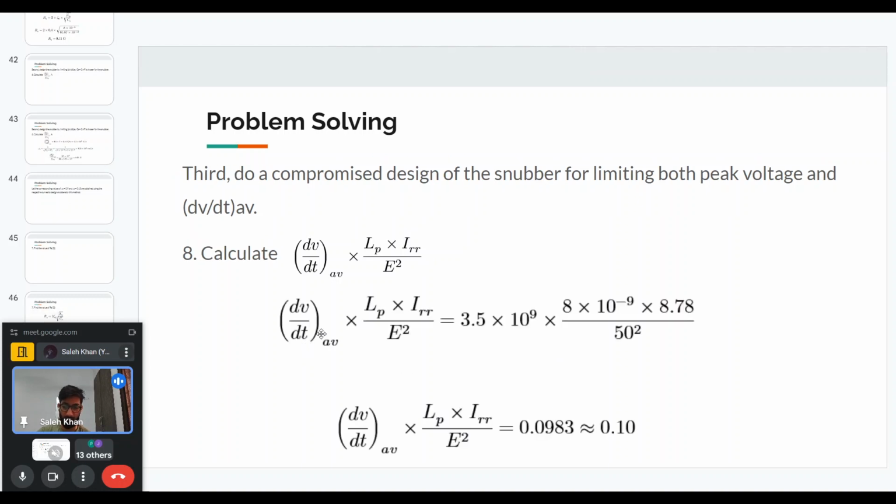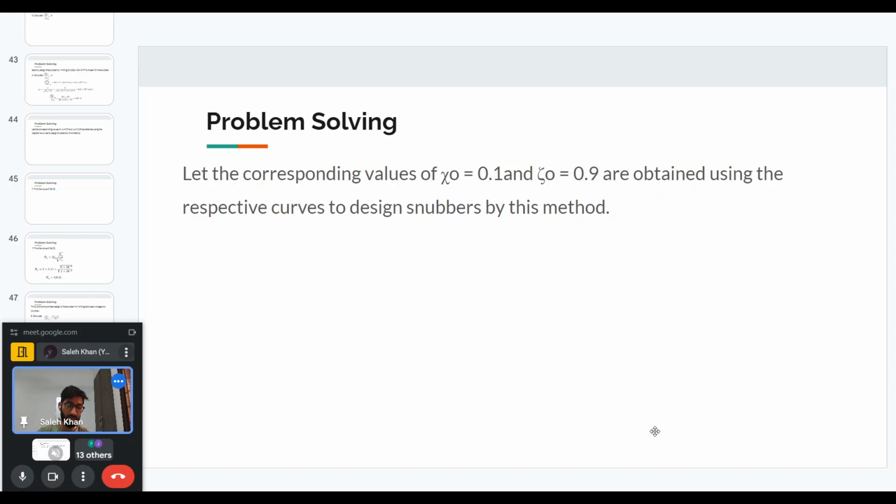Once we find the value of this expression, it comes around 0.098, and since in the question we are told to round everything to 2 decimal places, it will come across as 0.1. And then again we use the graph. The question tells us the corresponding values of chi and zeta will be 0.1 and 0.9.